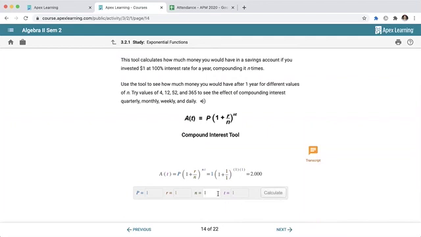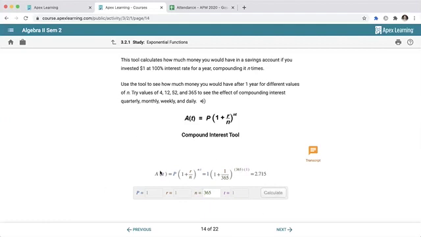If we looked here, 4 would give us 2.44. If we had 12, it gets a little bit larger. If we have 52, it gets even larger. 365, it gets larger, right?